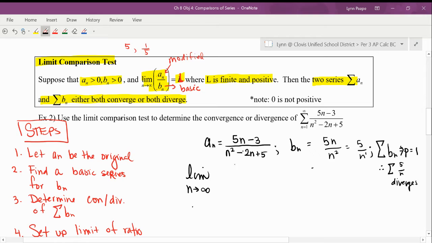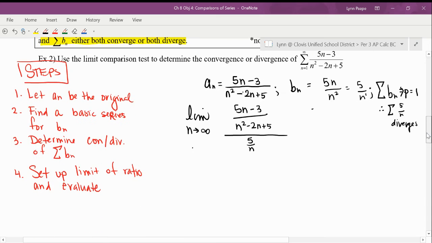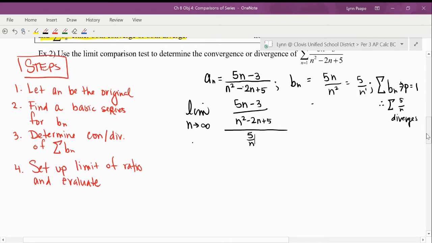So we're going to take the limit of an, so (5n - 3) divided by (n squared - 2n + 5), and then divide that by 5 over n. And now I need to figure out what this is, right? If I get a finite and positive value, then I know that an has to diverge, because it has to act the same. Because bn diverged, I'm hoping to get a finite and positive value, which will also tell me an diverges.